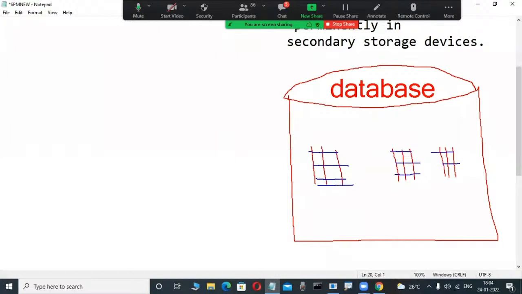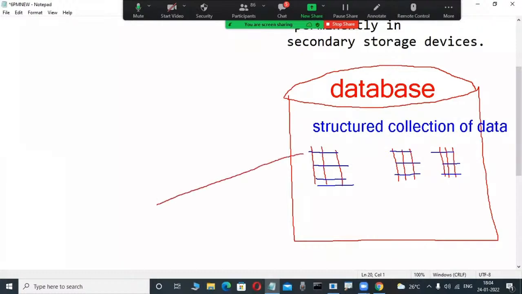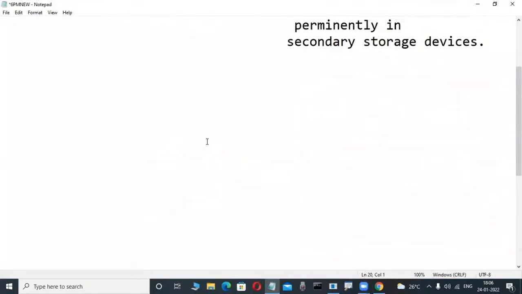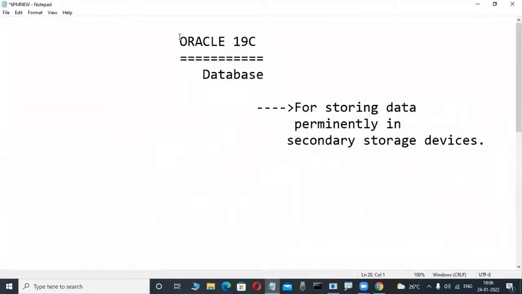Structured collection of data is always what these databases store, organized fashion only. Once we have a structured collection of data, for handling and operating this data, which language do we use? Very good, SQL, structured query language. That's why these databases are implemented based on the relational data model.